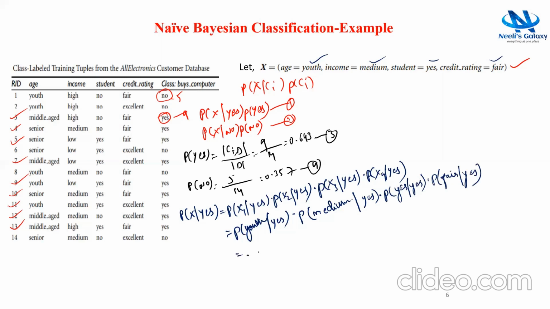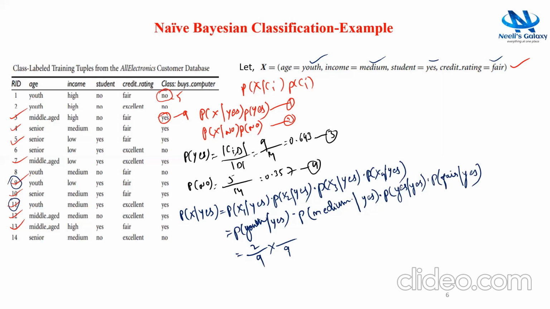So out of how many S tuples are there? There are totally 9 S tuples. Out of 9 S tuples, how many tuples have the value youth for S? If you observe here, there is 1 and here is 1, so there are only 2 tuples out of 9. Next, out of 9, how many tuples have income value as medium?